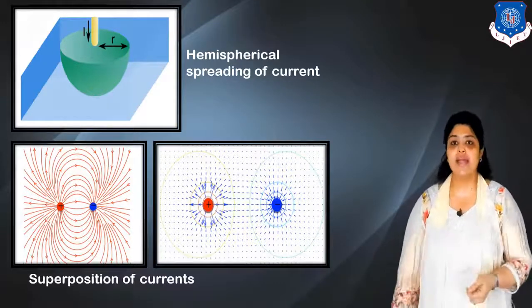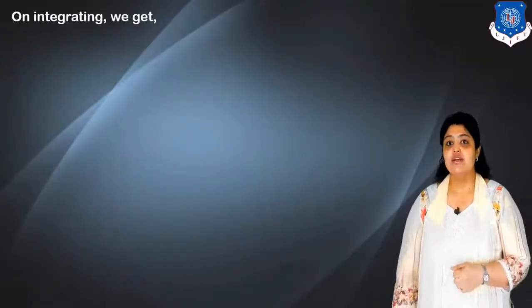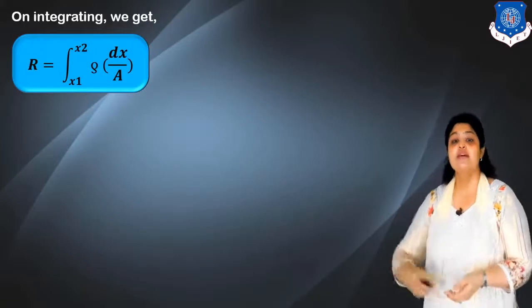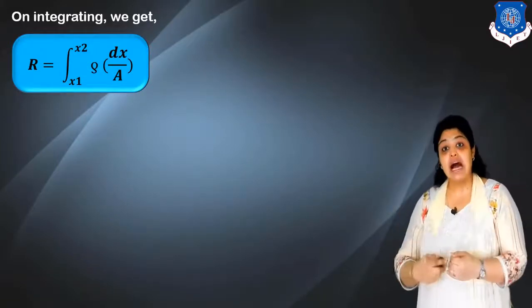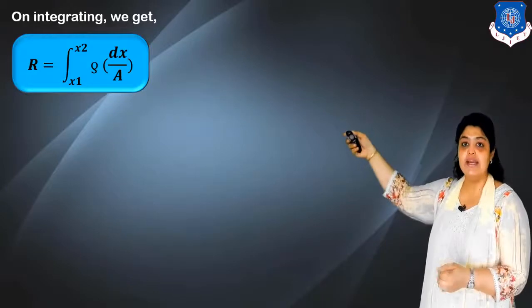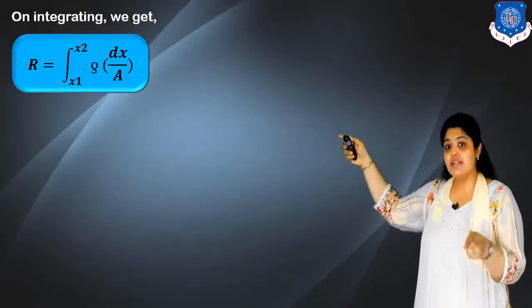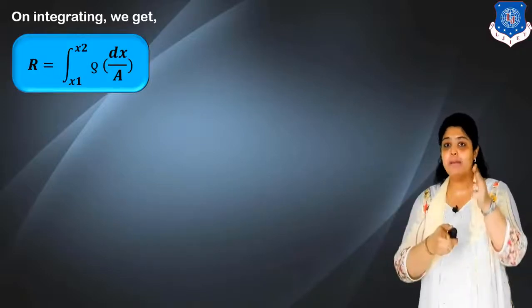So now let's move ahead and start with the derivation. So we had defined differential resistance dR as rho dx by A. So now if I want to find out R from dR, I will have to integrate. So on integrating, we have R is equal to, the limits were x1 to x2 because they denote the probe number 2 and 3.